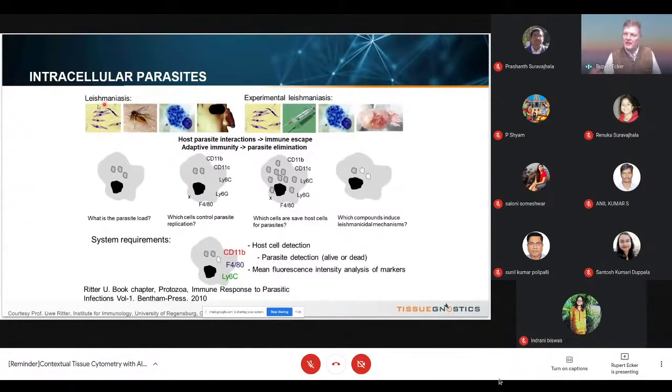So leishmanias are protozoan parasites which are transmitted by a sandfly and infect certain cells like macrophages where they multiply. Patients suffering from this disease encounter really severe structural tissue damage. Now, in Regensburg in Germany, the group of Professor Ritter is working on a cure for leishmaniasis.